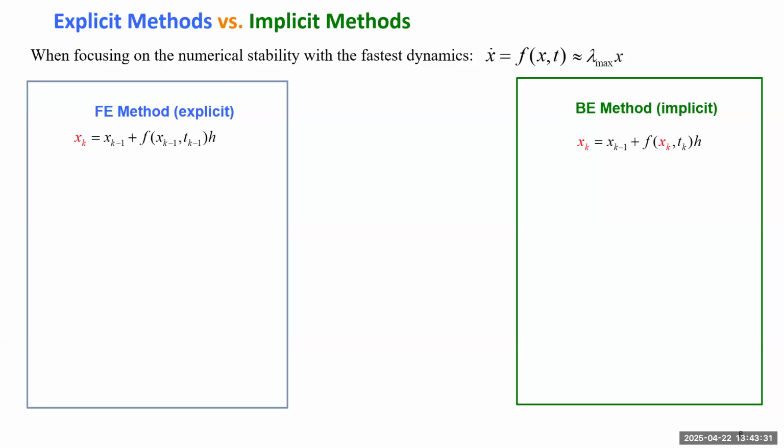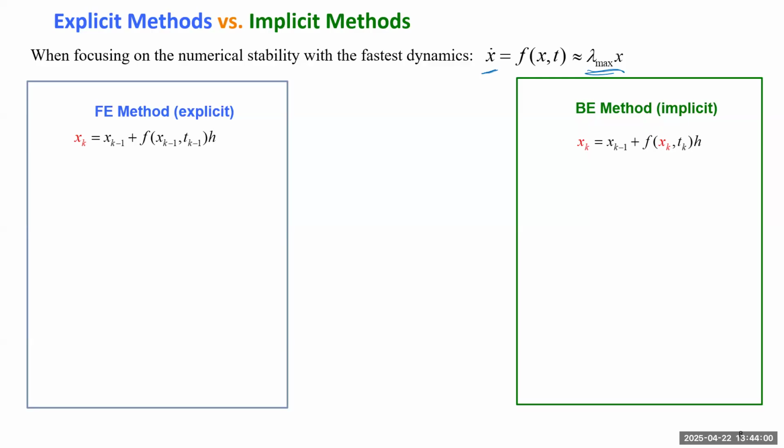Let's compare explicit methods versus implicit methods. If we focus on numerical stability with the fastest dynamics, which is characterized by the largest eigenvalue, to describe that dynamic, the system variable changes proportionally to the state variable, and the ratio will be the fastest dynamics.